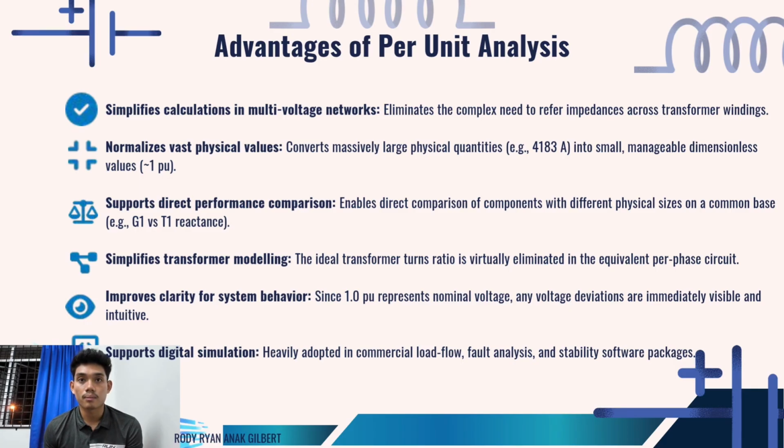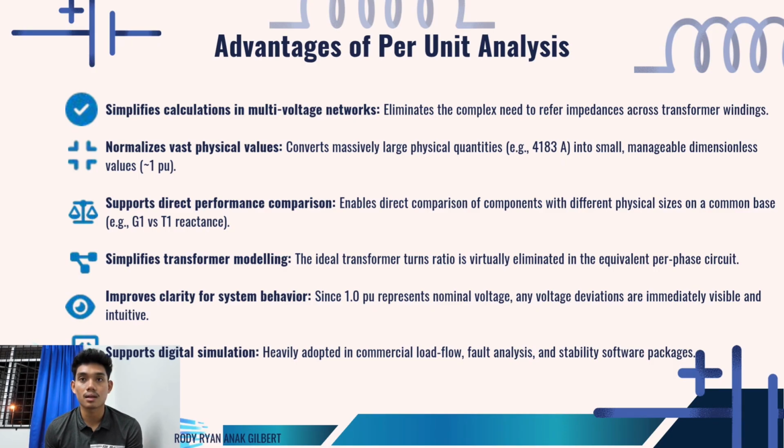On top of that, the ideal transformer completely disappears from our circuit model, which saves us a ton of work. It also gives us a clear picture of system health. Since 1 per unit means normal voltage, we can spot a dip or a spike right away just by looking at the number. And finally, this is the language that all the big commercial software packages speak.